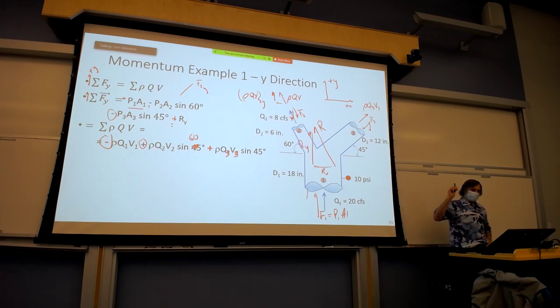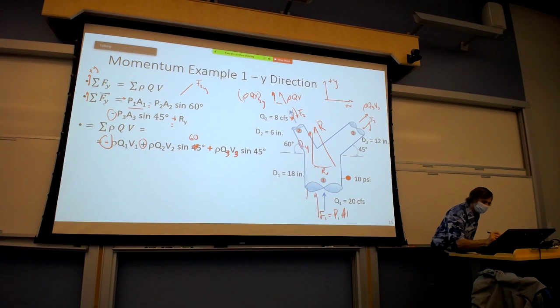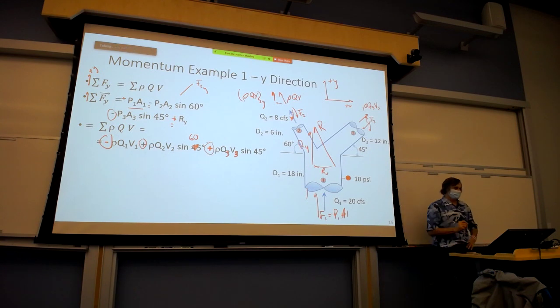And then at location 3, again, we have the momentum flux rho QV at 3 leaving the control volume, positive sign. The velocity vector component in the y direction in 3 is in the positive y direction. And so positive times positive is positive. Rho Q3 V3 sine 45 is the momentum flux component in the y direction at location 3.